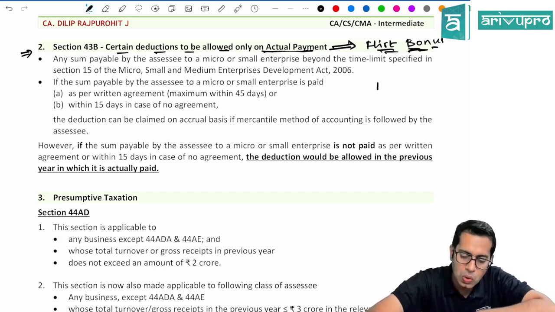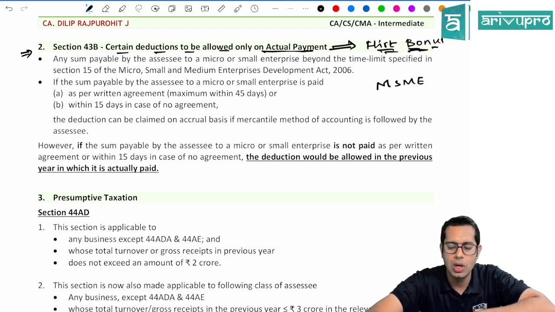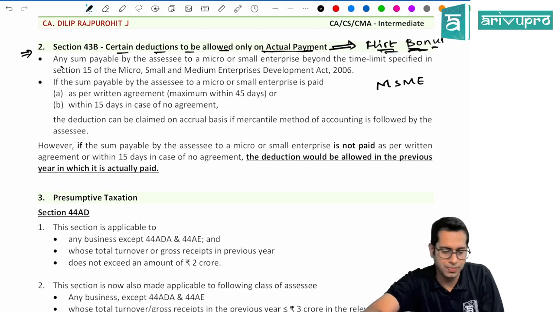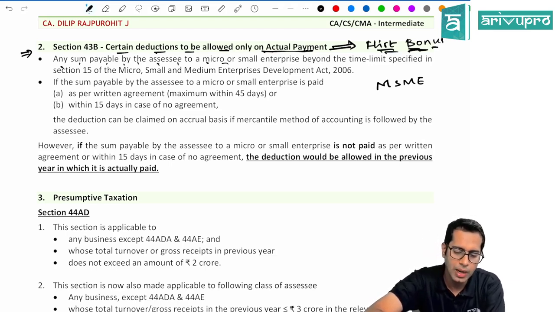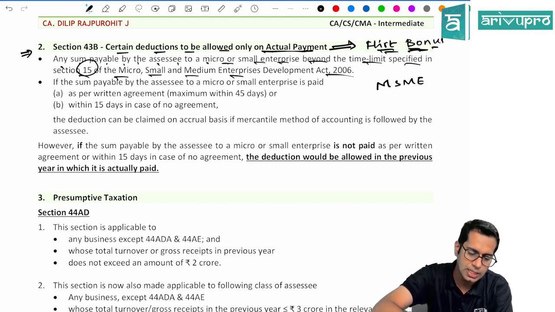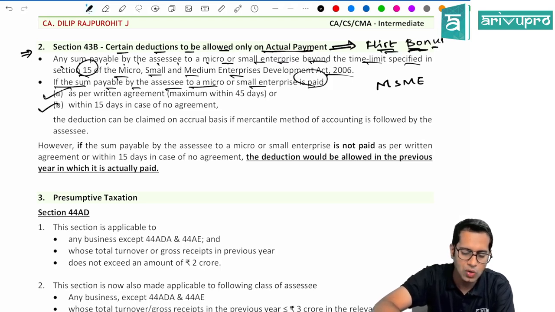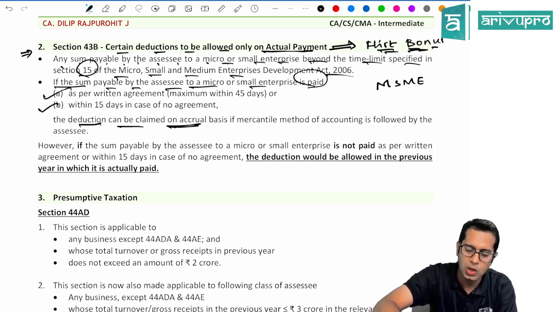The payment made to MSME, micro, small and medium enterprises. Any sum payable by the assessee to micro and small enterprises beyond the time limit specified under section 15 of the Micro, Small and Medium Enterprises Act 2006: if the sum is paid as per the agreement, or within 15 days if there is no agreement, then deduction can be claimed on accrual basis if the mercantile method is followed.